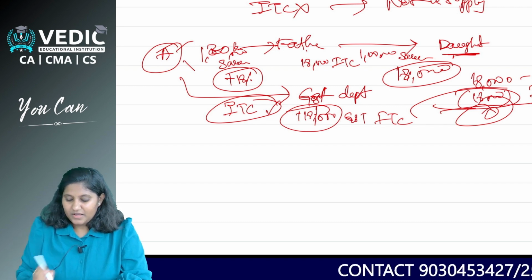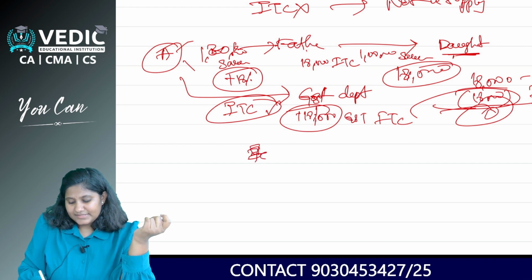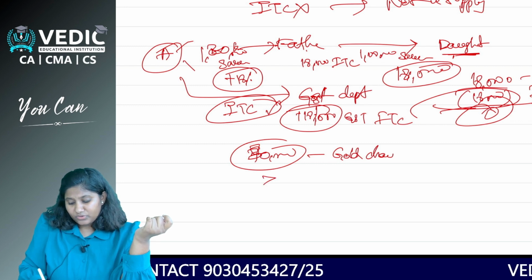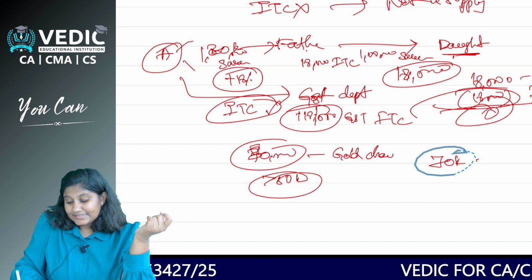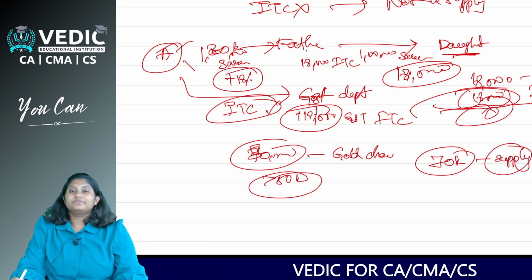So when it is more than 50,000, say a gold chain worth 70,000, the entire 70k is considered as supply between employer and employee.